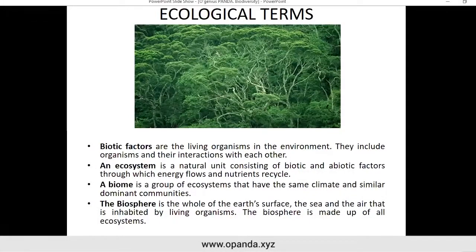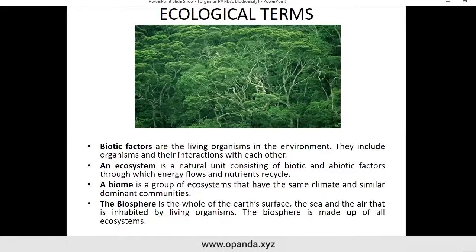Then, what is a biome? It is a group of ecosystems that have the same climate and similar dominant communities. I come from Rwanda. This is an ecosystem. It's an example. In Rwanda, I have this climate. I enjoy it.